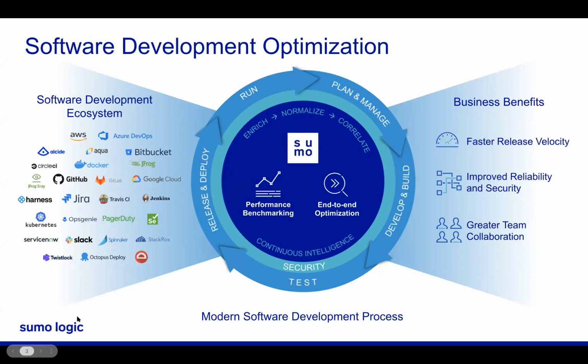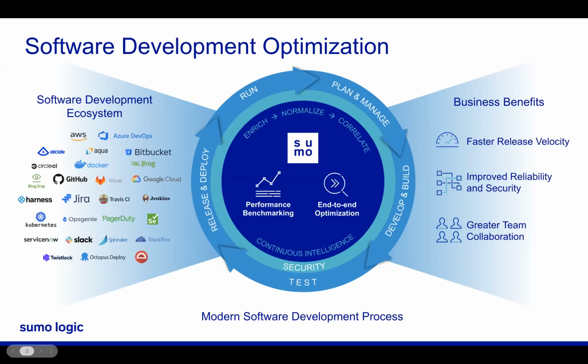It takes all the data from all these systems using a very well documented method and an easy way of integrating to Sumo Logic, and enriches, normalizes, and correlates all this data to give you the business benefit. Business benefit can be a faster release velocity, improved reliability and security, and greater team collaboration, which is very, very important.